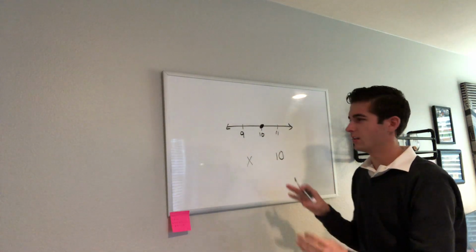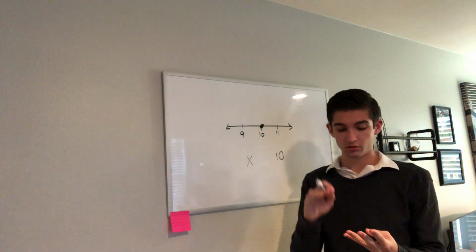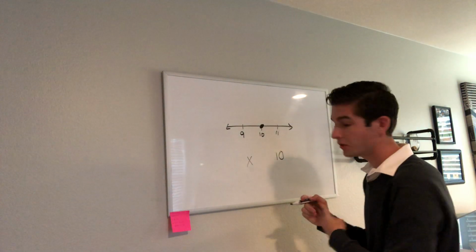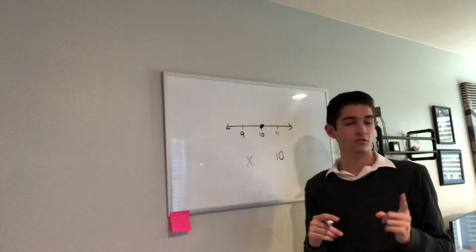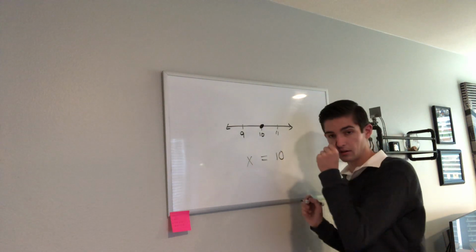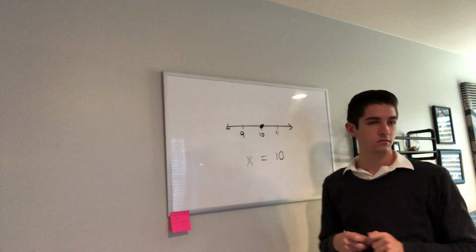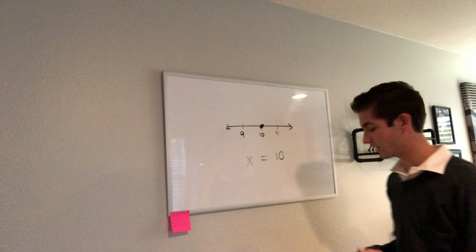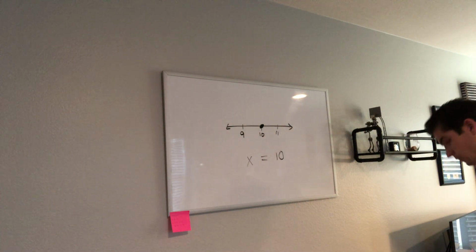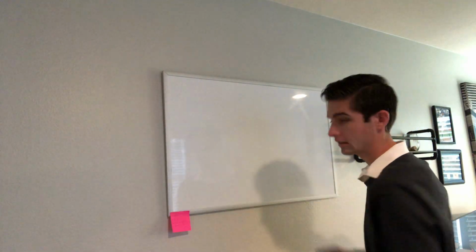There's no shading. So we know that it can't be right off the bat is less than or equal to, is greater than or equal to, is less than, or is greater than. Can't be any of those. So we only have one left. If there's only one point on the graph, we say is equal to. X is equal to 10. Right? There's no other option. X will be equal to 10. Alright, so that one was kind of easy, but should be shown. This will come up later, maybe on a test or an exam.